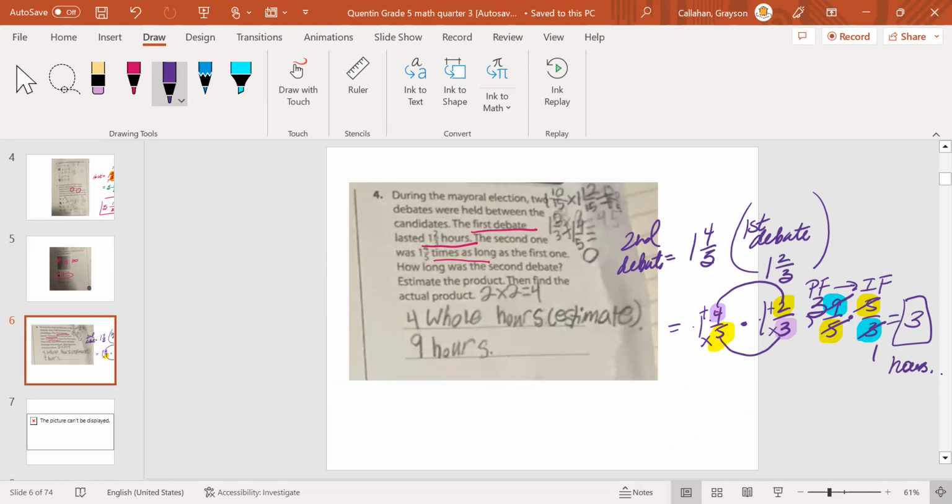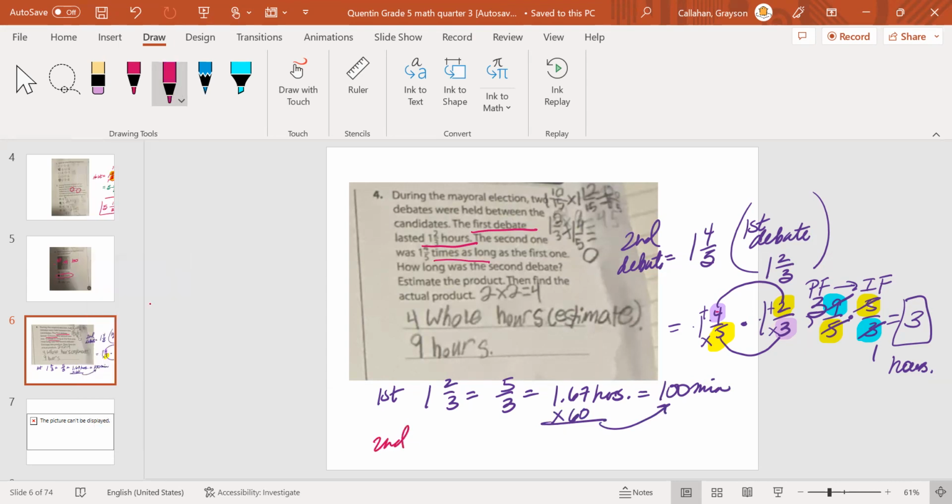So if you think about it, the first debate was 1 2/3 hours. That's going to be 5/3, which is going to be 1.67 hours or 100 minutes. Okay, because this times 60 gives me 100 minutes. Do you see that? Now the second debate is 1 4/5 longer than the first one.